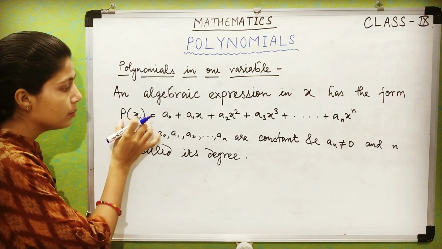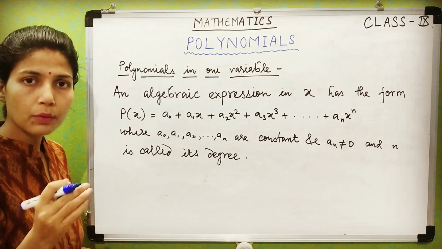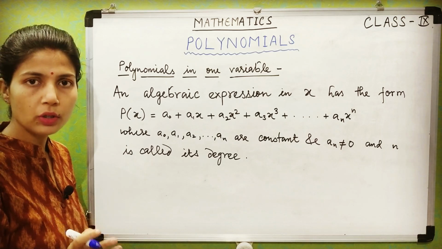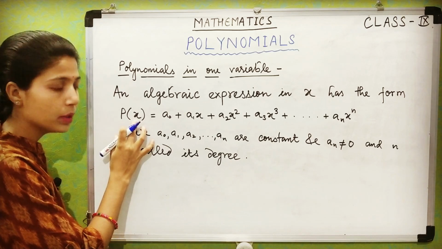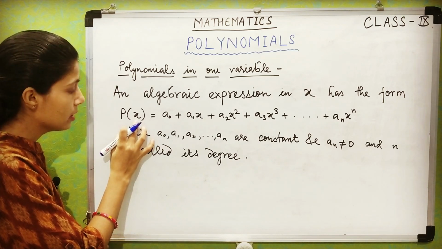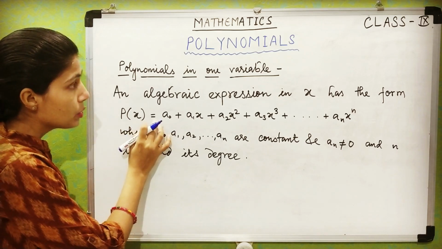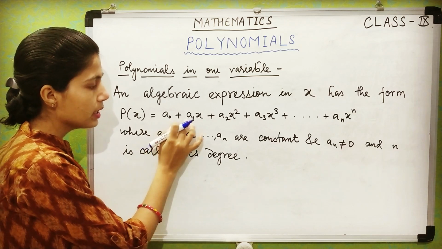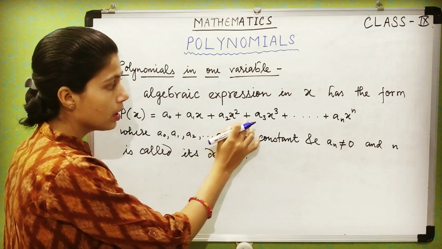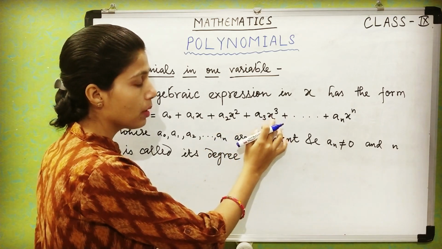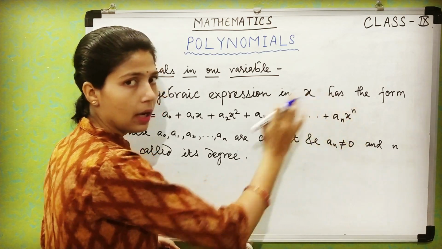Before writing any polynomial in any variable, you have to first fix it. You are representing the polynomial with X or Y or Z. So we are considering here a polynomial in X. The variable here is X. So this is the polynomial in one variable: P(x) equals a0 plus a1x raised to power 1 plus a2x raised to power 2 plus a3x raised to power 3 plus dot dot dot plus an x raised to power n.